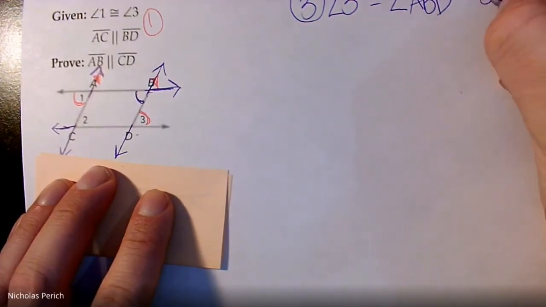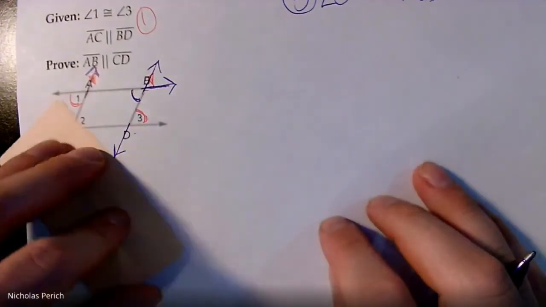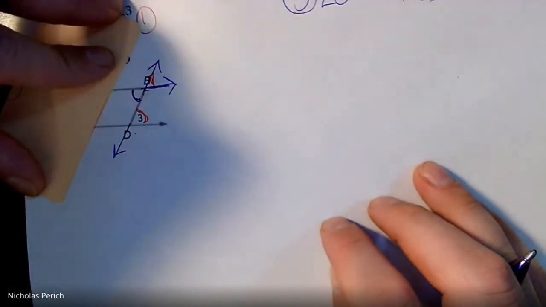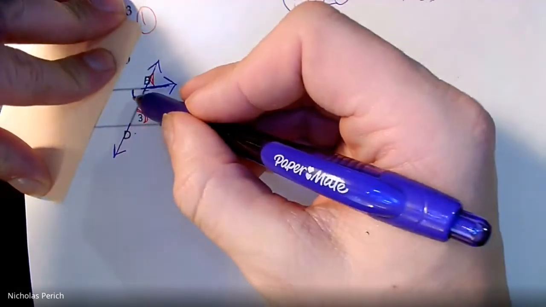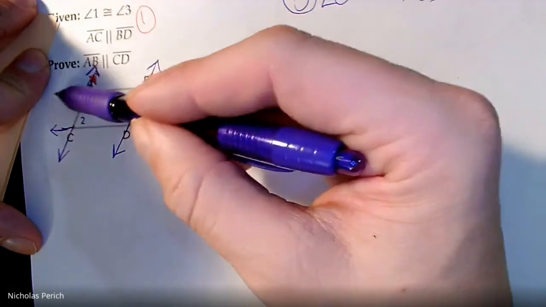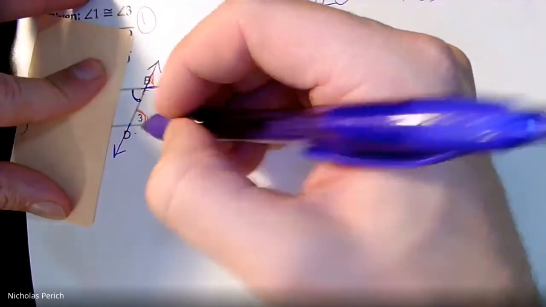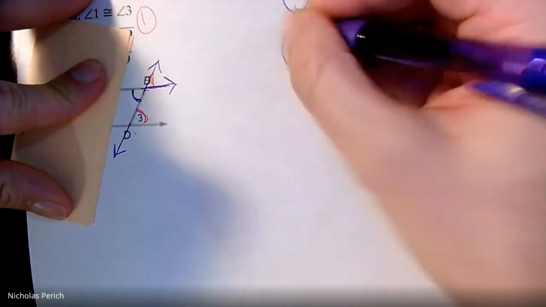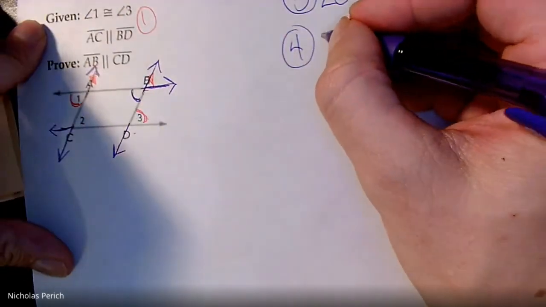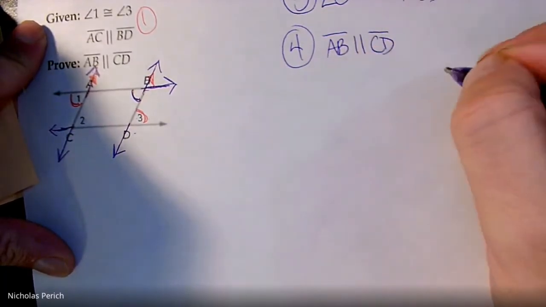And that's using substitution from my given. So if these two guys now are the same, these are the alternate interior angles of lines AB and CD. So if the alternate interior angles are congruent, then line AB is parallel to line CD.